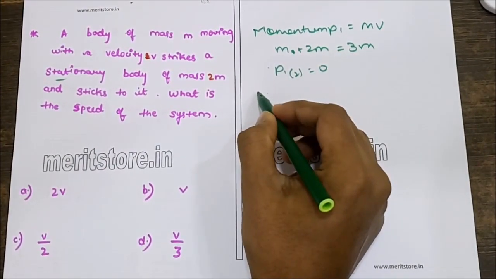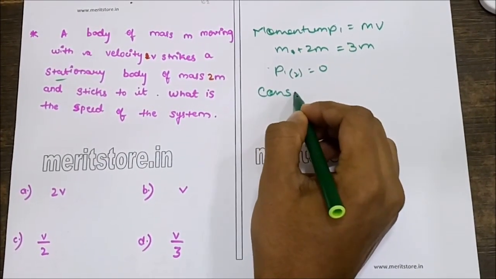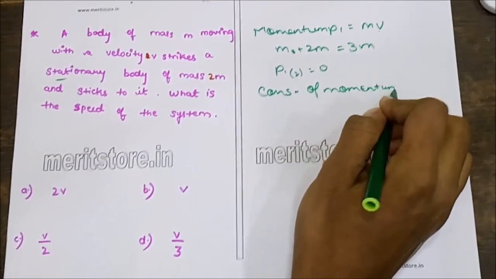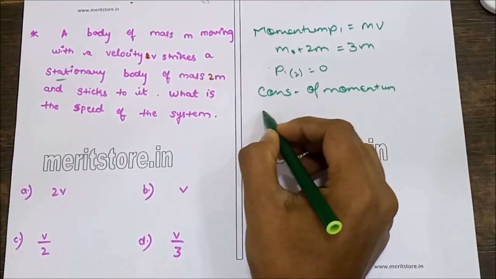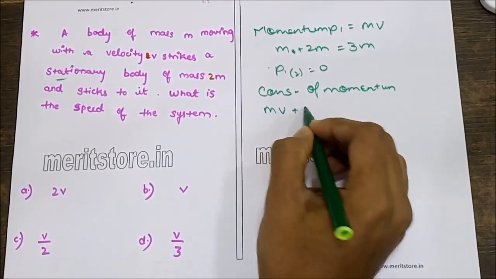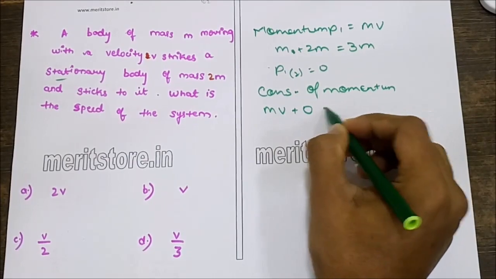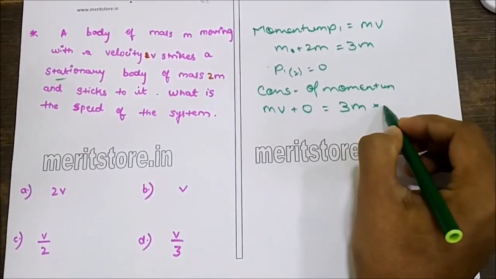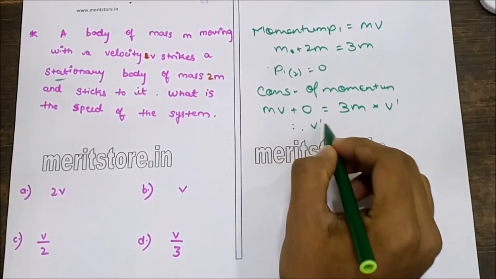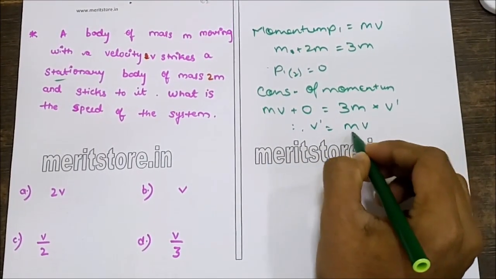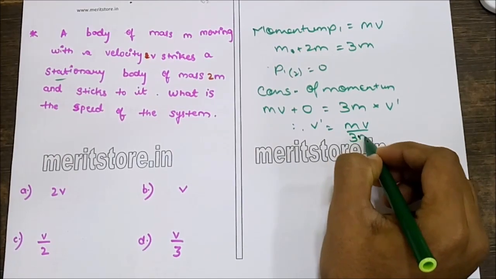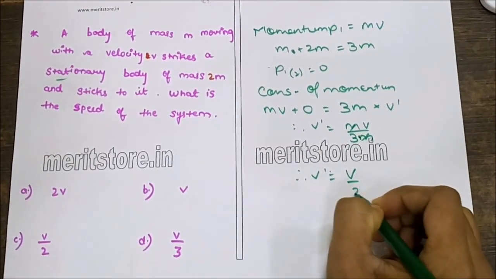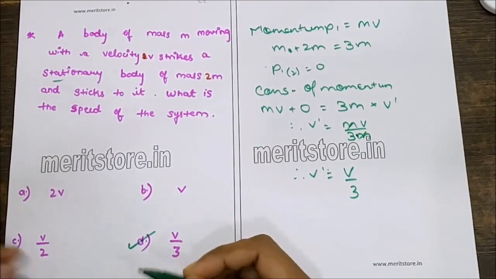By applying conservation of momentum, initial momentum should be equal to final momentum. Therefore m v plus 0, this is the momentum of the second body, is equal to the momentum of the combined system, that is 3m times v dash. Therefore v dash is equal to mv upon 3m, so v dash is equal to v by 3. Hence option D is the correct answer.